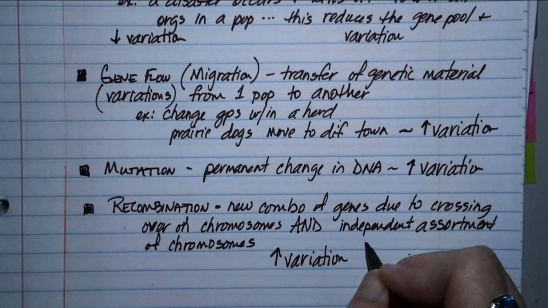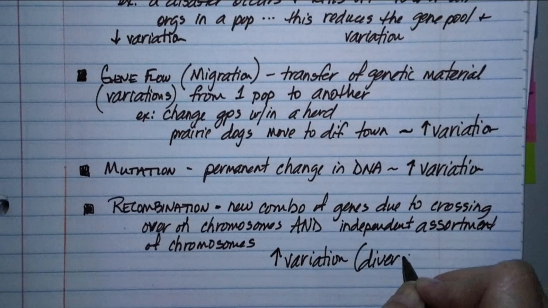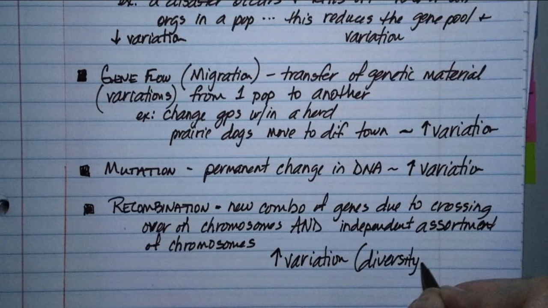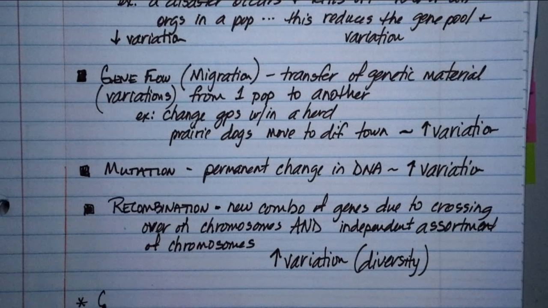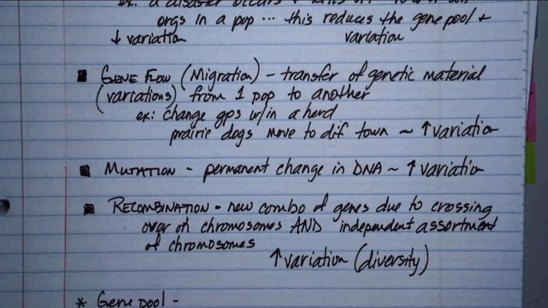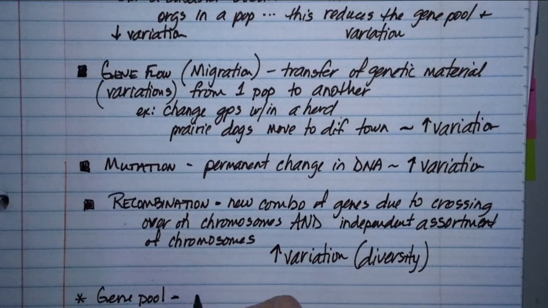The only other thing I want to add to this, and it's kind of an aside here, the gene pool. When we say that phrase gene pool, all we're talking about is all the possible genes in a population. So what are all the genes?